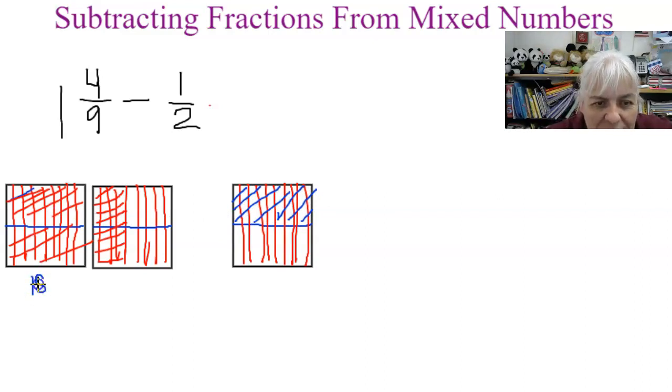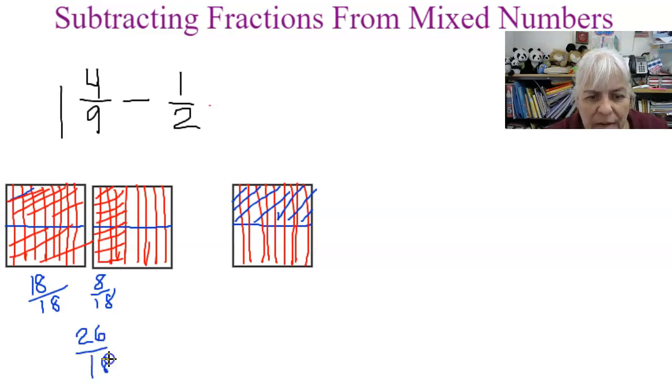I have 18 18ths here, and then 1, 2, 3, 4, 5, 6, 7, 8 18ths here. Put my 18. So this 1 and 4/9 is also 18 18ths and 8 18ths. So I have 26 18ths. And then on this side, I'm going to subtract 9 18ths.